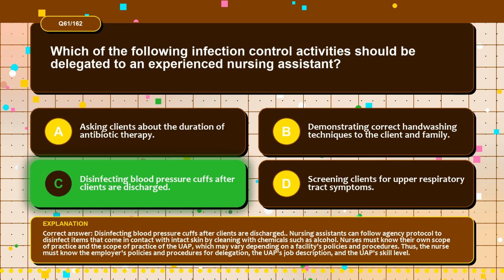Nurses must know their own scope of practice and the scope of practice of the UAP, which may vary depending on a facility's policies and procedures. Thus, the nurse must know the employer's policies and procedures for delegation, the UAP's job description, and the UAP's skill level.